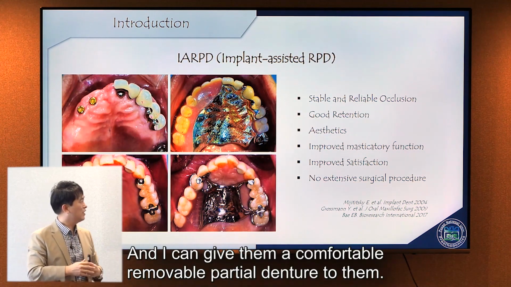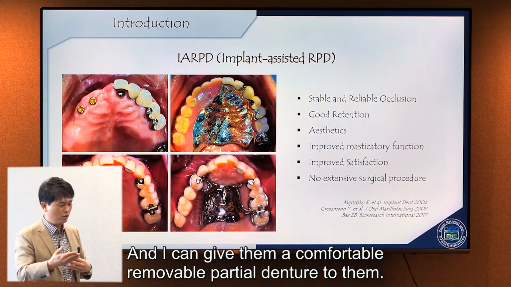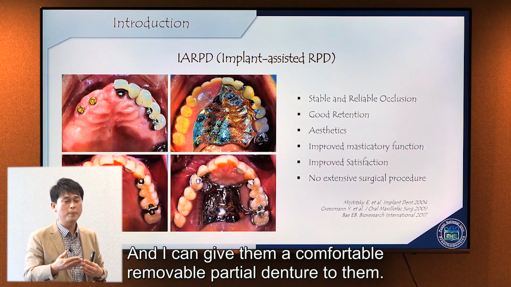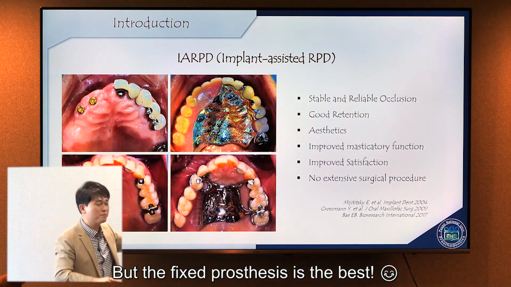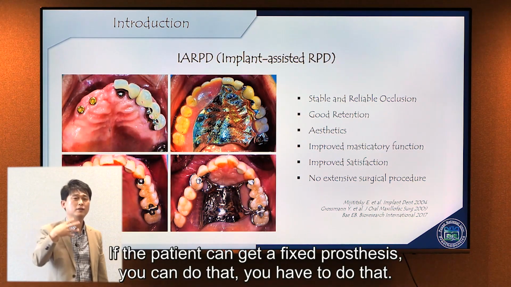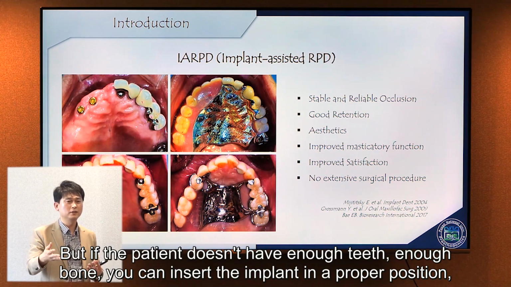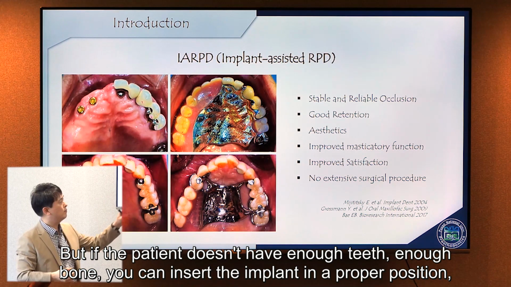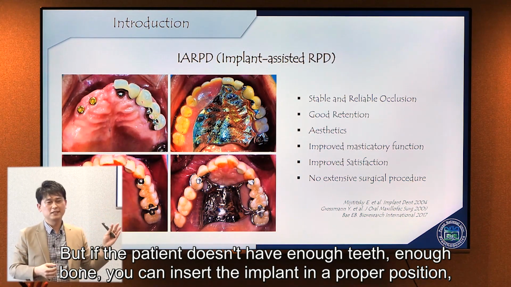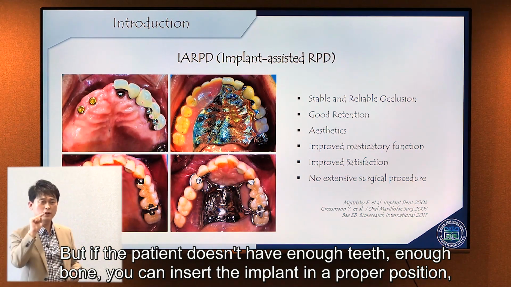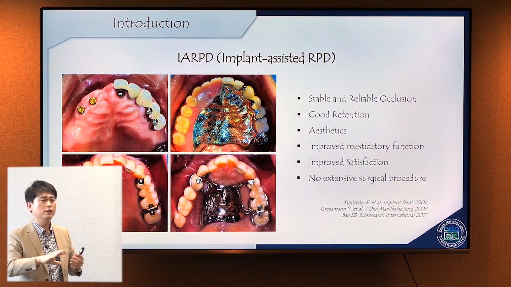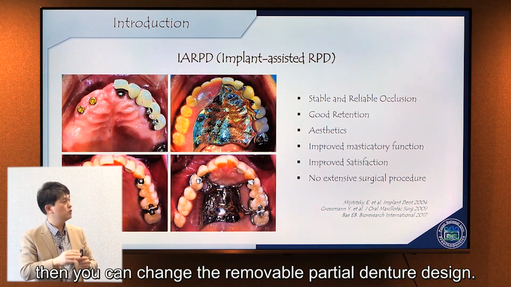And then I can give a comfortable removable partial denture for them. But fixed prosthesis is best. Yes, if the patient can get a fixed prosthesis, you have to do that. But if the patient doesn't have enough teeth or enough bone to insert implants in the proper position, then you can change the removable partial denture design.